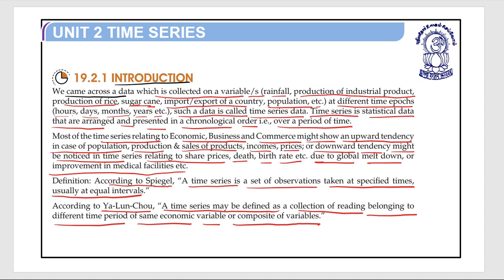The second definition is that a time series may be defined as a collection of readings belonging to different time periods of the same economic variable or composite of variables.